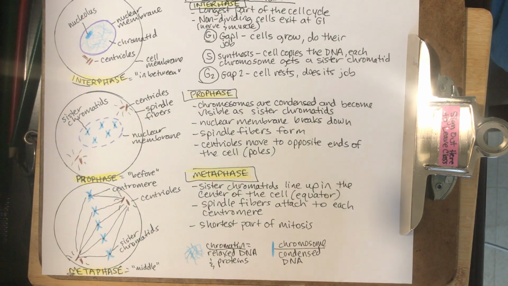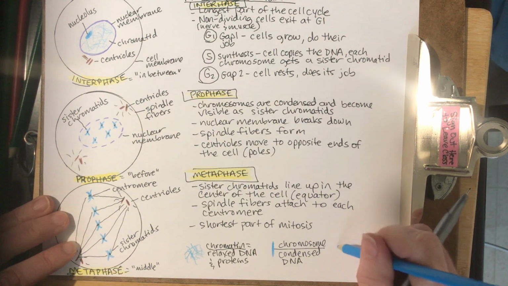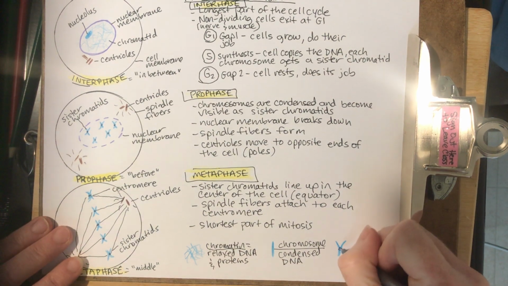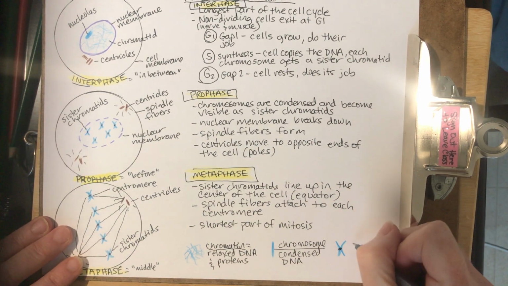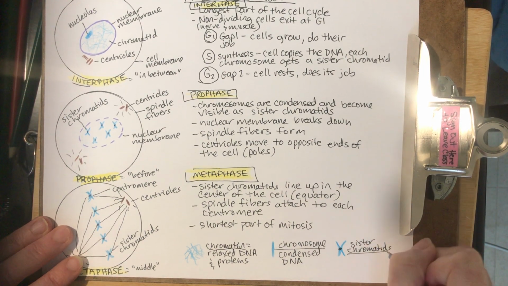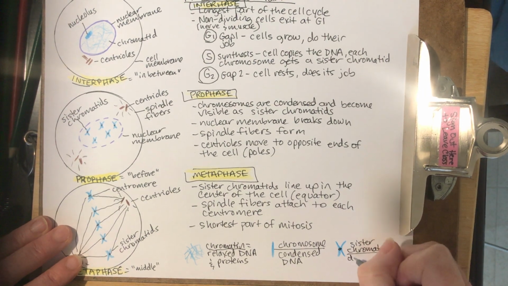And then sometimes we see the genetic material portrayed like this. And so remember, this is what we call sister chromatids. And this is just a duplicated chromosome.